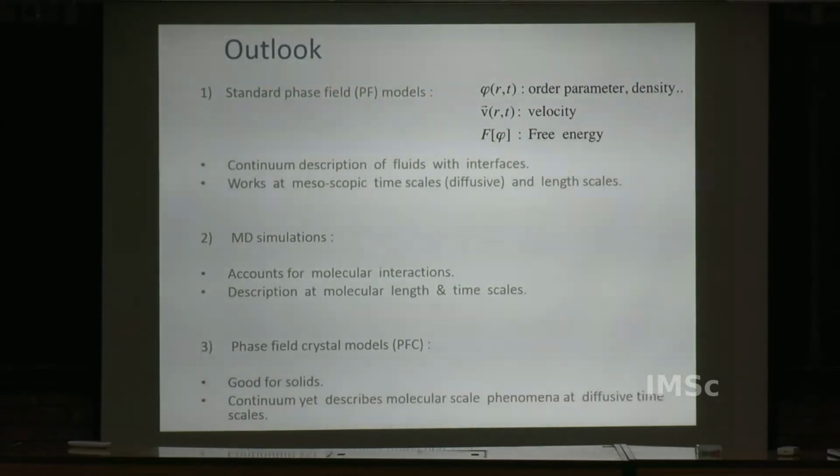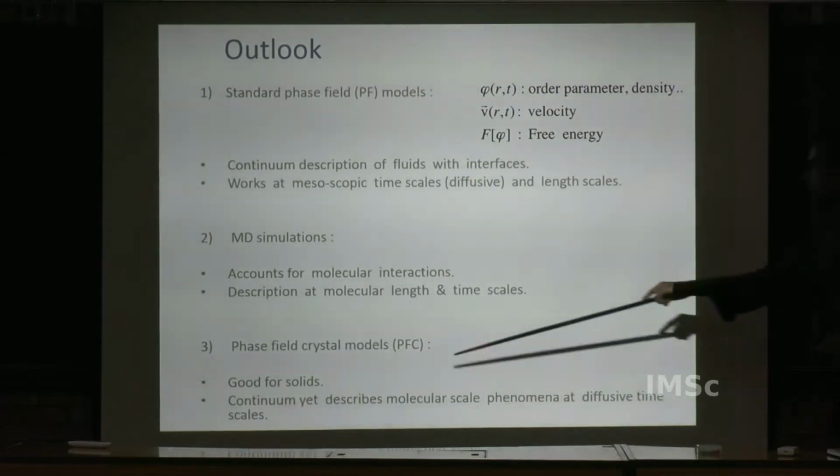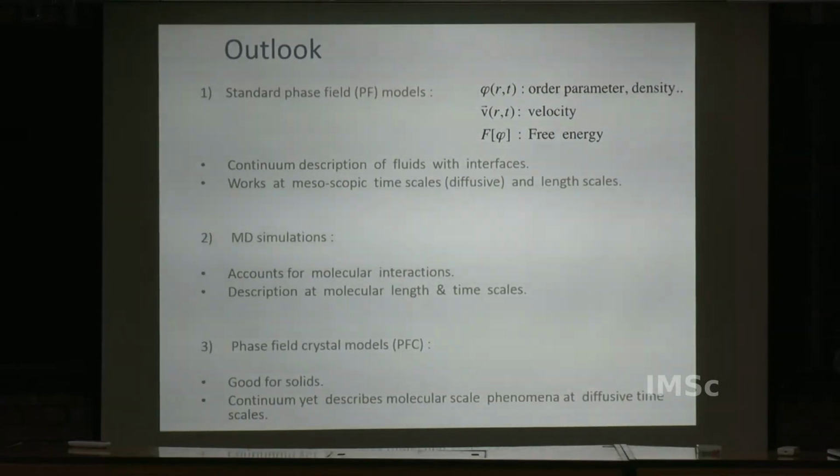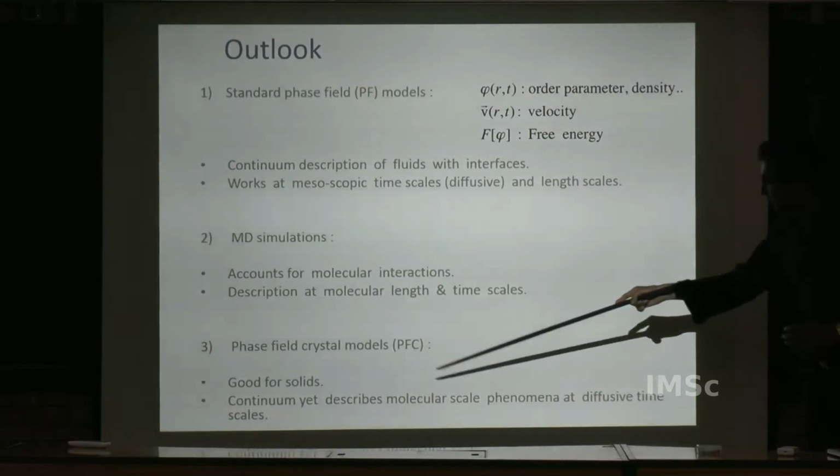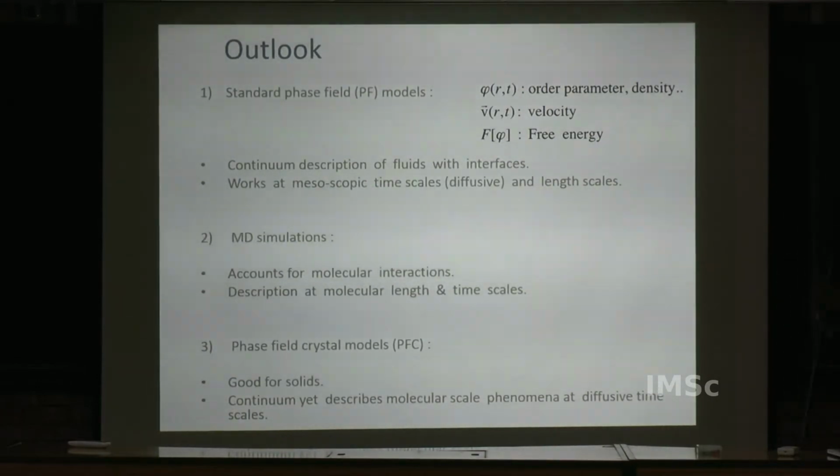So you have a density field, you have a velocity field, but all coarse grained in space. In this new method, one has been able to put in microscopic scale information, that is, let's say, arrangement of atoms in a solid, into the phase field method, and the time evolution happens at the diffusive time scale.